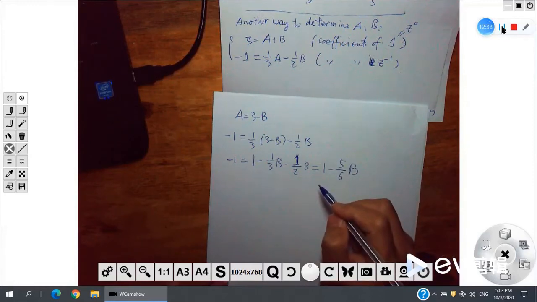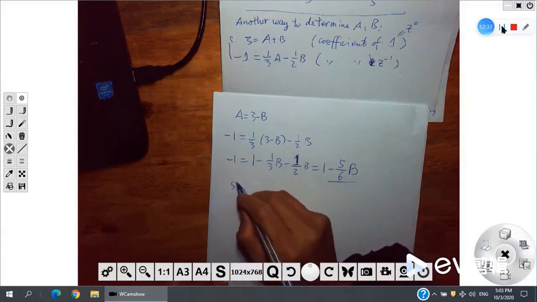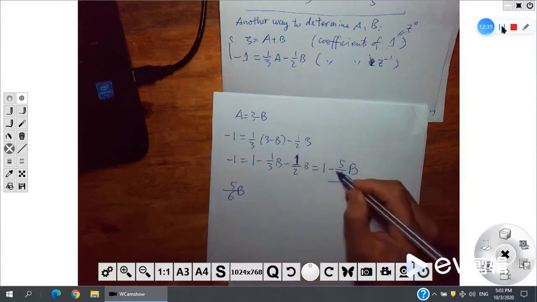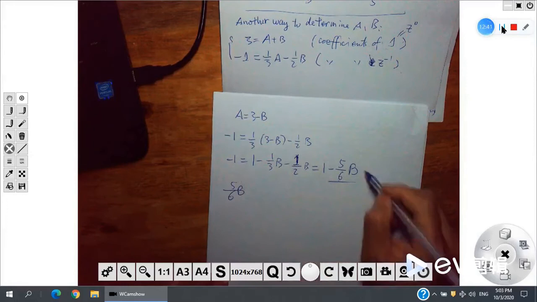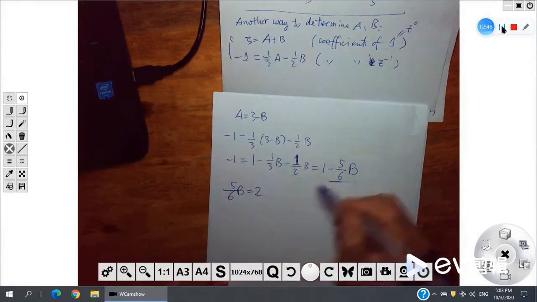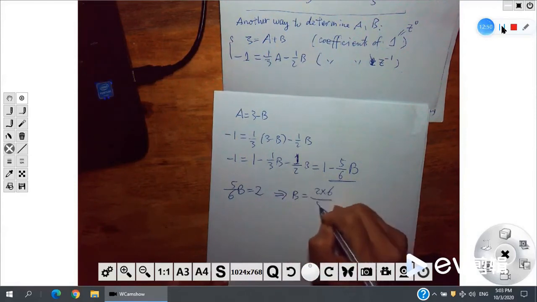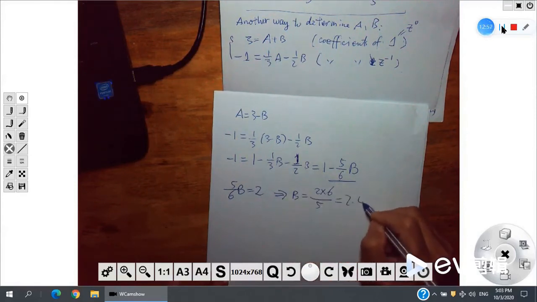So I move this negative 5 over 6 b to the left, I have 5 over 6 b, changing the sign. And negative 1 to the other side, I get positive 1. And here's 1, so it's 2. Alright, so b equals 2 times 6 over 5. Okay, I got 2.4 again.